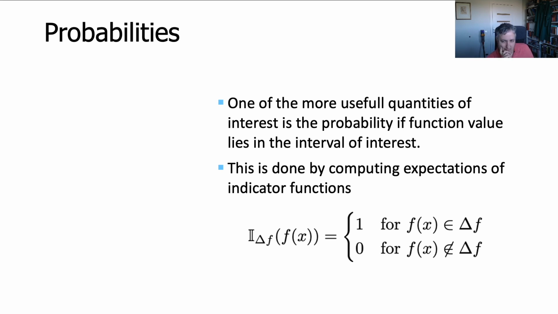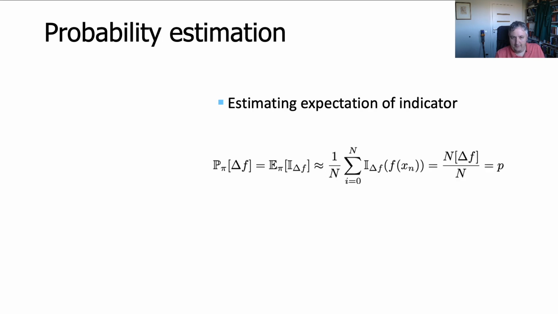And what is the simplest thing about it is that the computation of the indicator function reduces to counting the number of samples in the given interval and dividing it by the total number of samples. So the expectation of the indicator function, which is again the probability of f belonging to the interval delta f, is the expectation of the indicator function. This is an equality. This is always true.